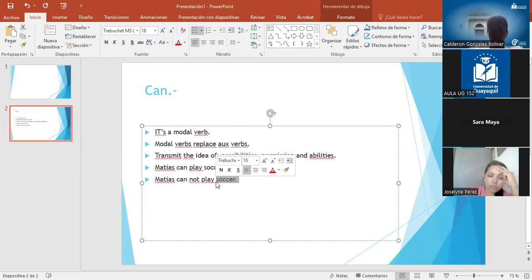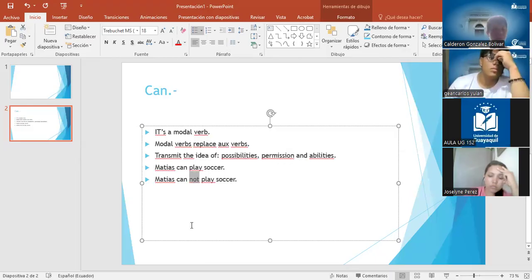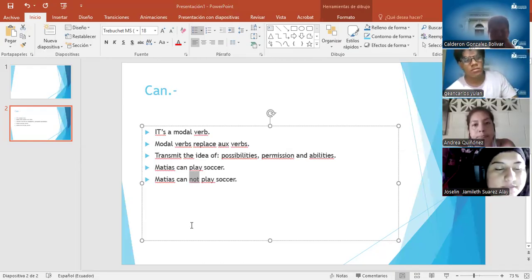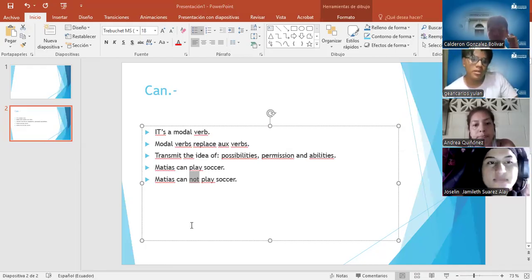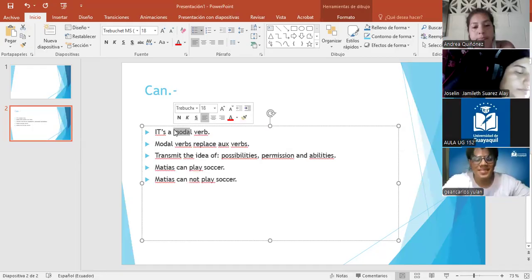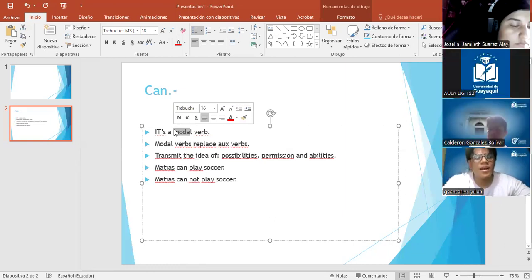Carlos: After the auxiliary verb. But remember that can is not an auxiliary verb. It is a modal verb, but it is exactly the same. One rule doesn't break the other one.